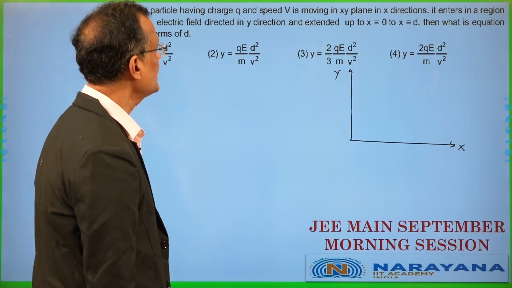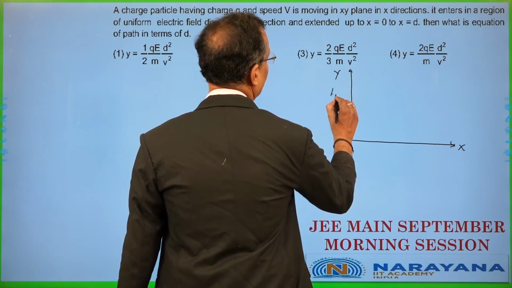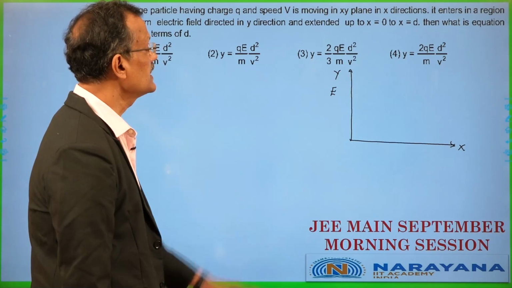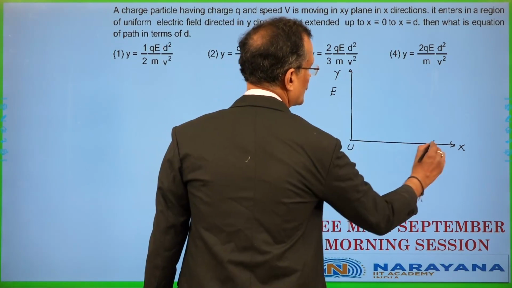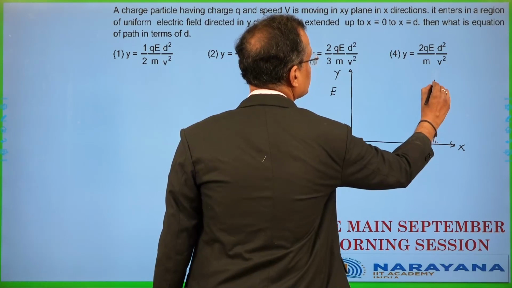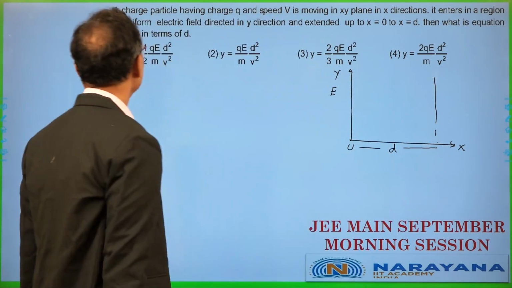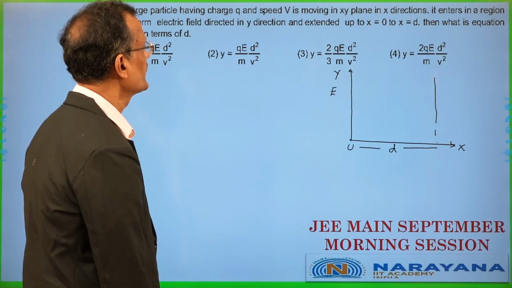It is entering a region of uniform electric field. In this direction, the electric field is acting, and this electric field extends from 0 to d. This distance is d. What is the equation of the path in terms of d? Clear?